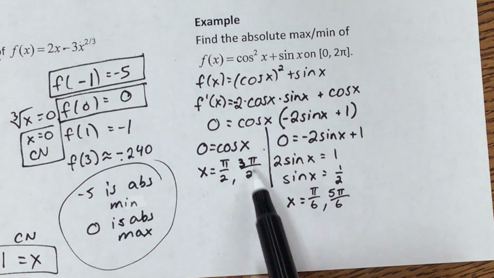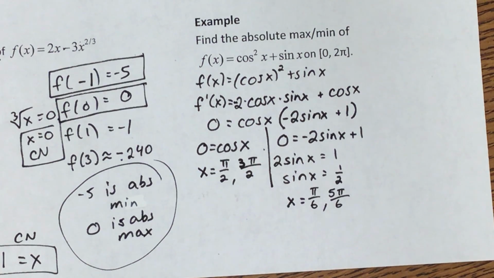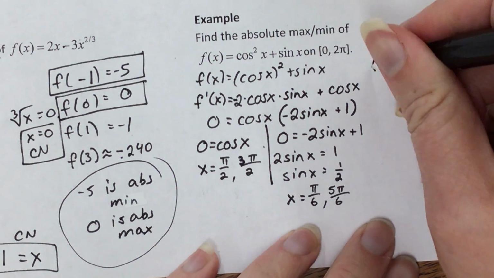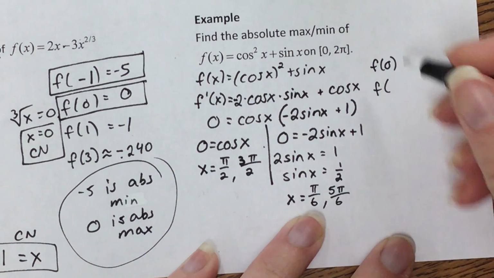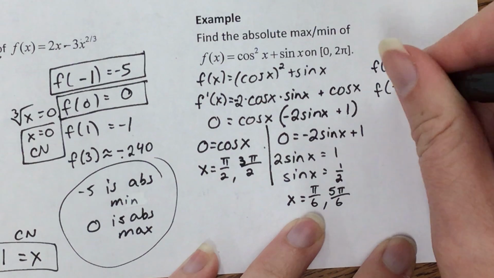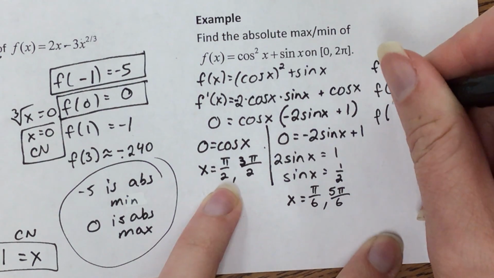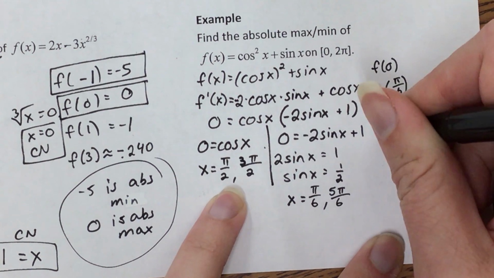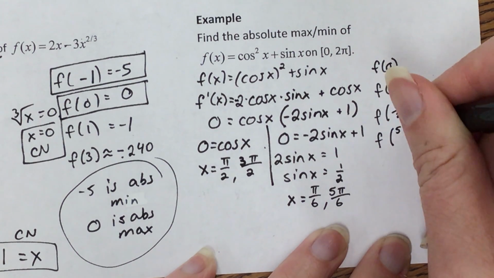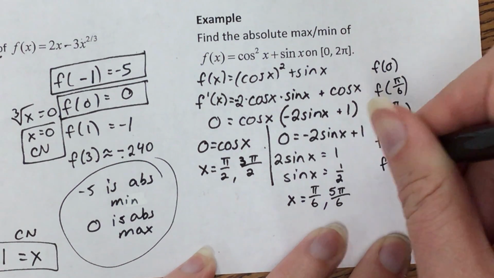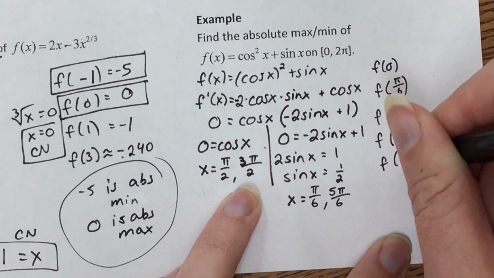All right, so we're going to test out all 4 of those and our endpoints, because you can't forget your endpoints. Super duper important. So we need f of 0. We need f of pi over 6. F of pi over 2. F of 5 pi over 6. F of 3 pi over 2.